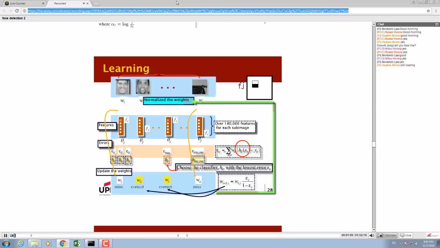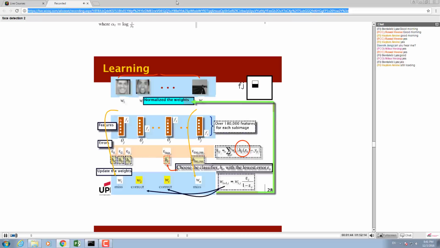The features in this paper are Haar-like features, but maybe in your case you can try to use different features. But in this paper, the Haar-like feature is the main feature, and to calculate it fast, they're using the integral image.